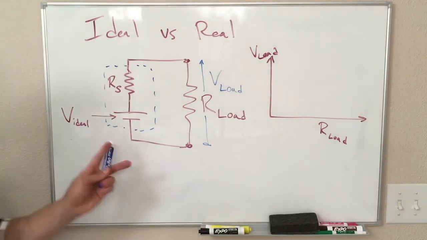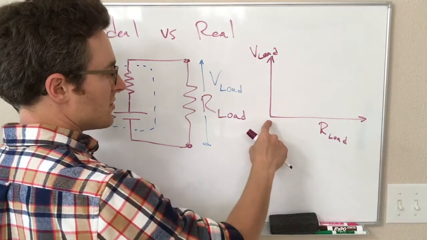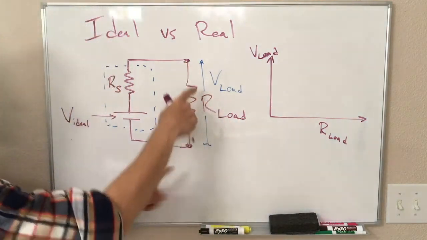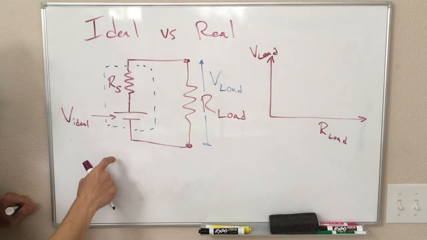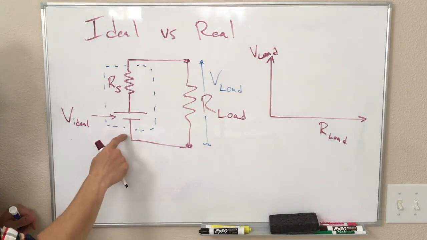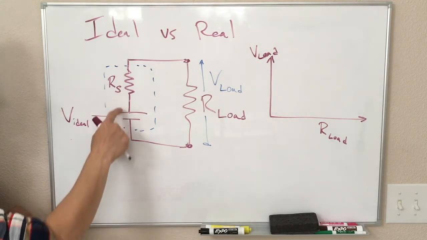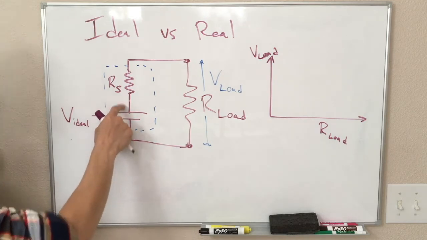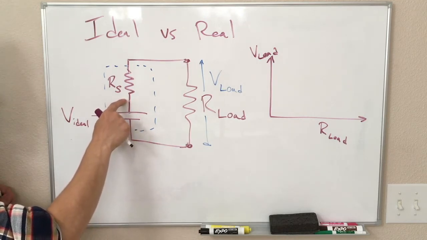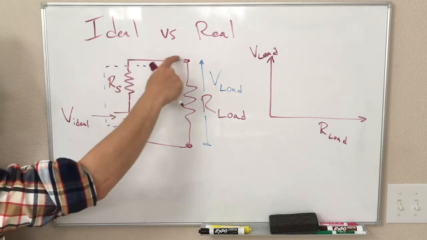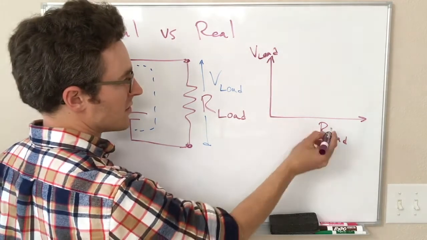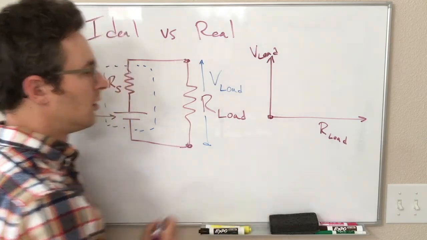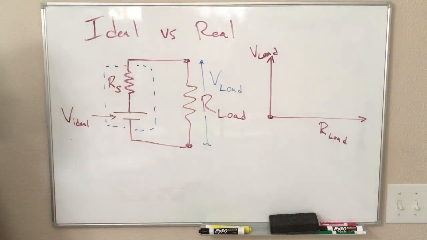We saw in the example I just did, if our load resistance is 0, so these two points are shorted together by a wire, essentially, then we have our ideal battery voltage, 12 volts, increasing from here to here, and then that same 12 volt decrease from here to here, and 0 volts left between those two points. So at 0 resistance, we have 0 voltage across the load.